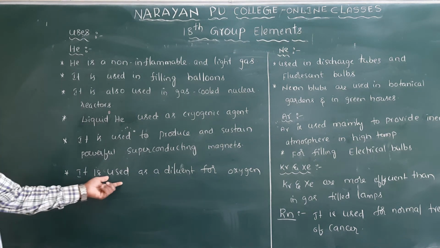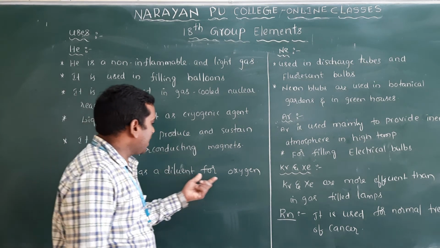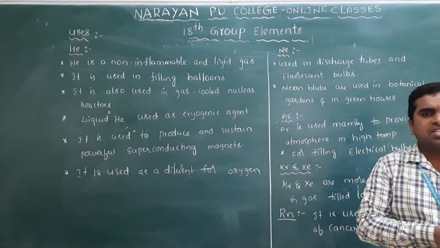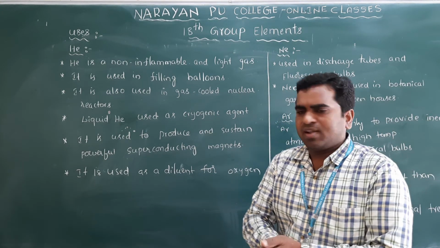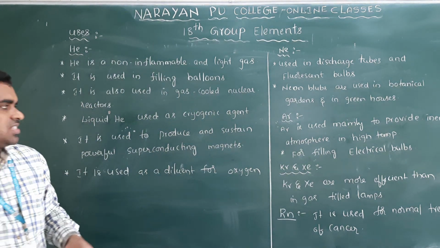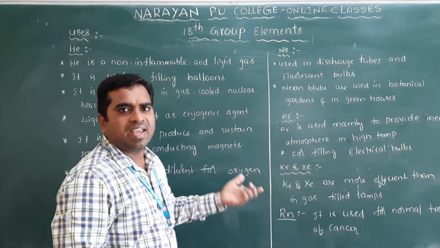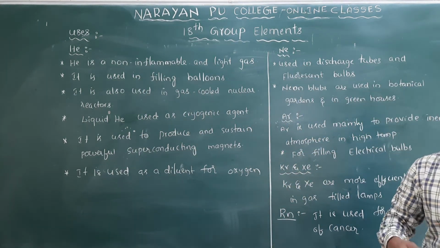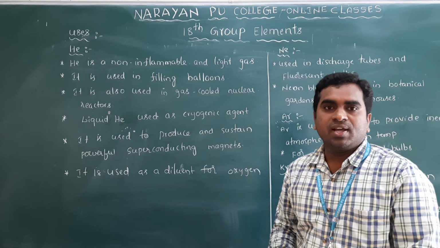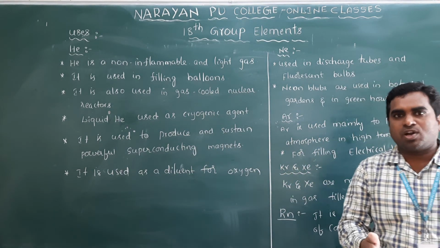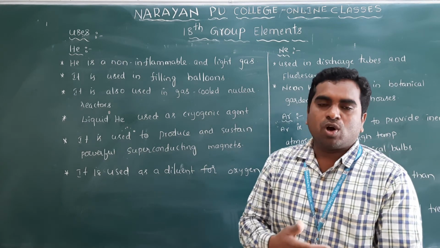It is used as a diluent for oxygen. We have already discussed Henry's law applications previously. Sea divers use oxygen cylinders diluted with helium. If more nitrogen is present, then when we go inside the water, the pressure increases and nitrogen dissolves in our blood.